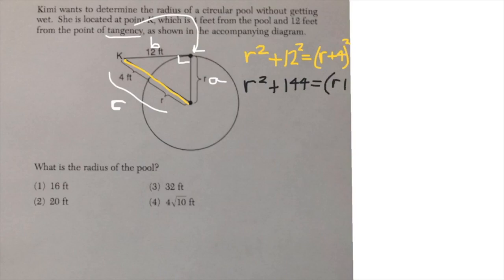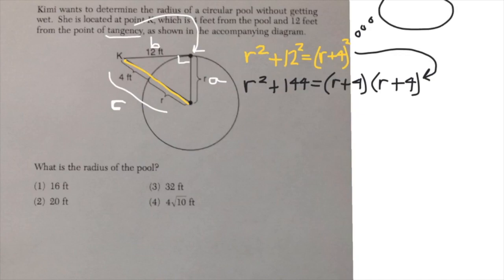To simplify r plus 4 squared, it would be r plus 4 times another r plus 4. That's often a big mistake that's made in algebra. Many students think that r plus 4 squared would come out to be r squared plus 16, and that's just not true.